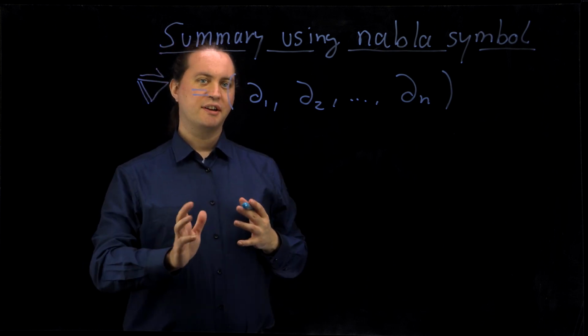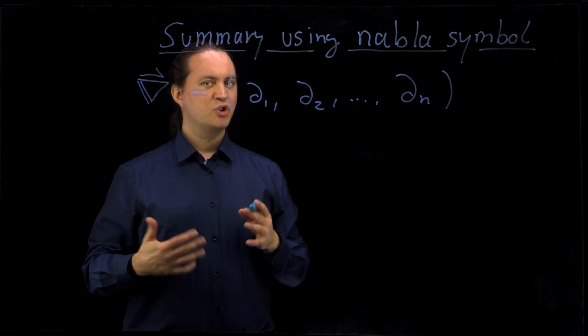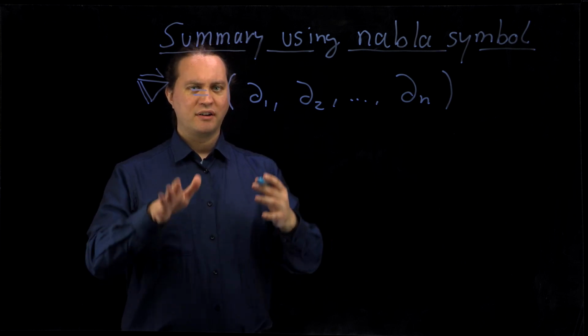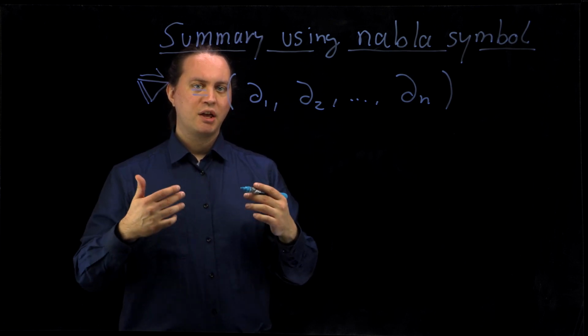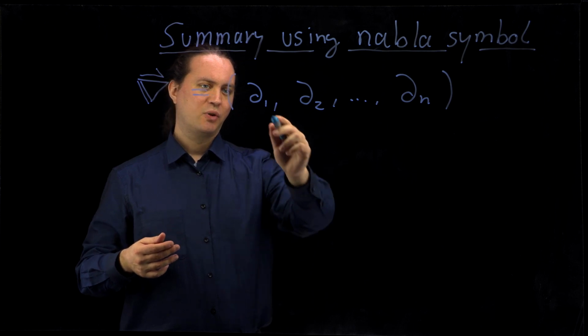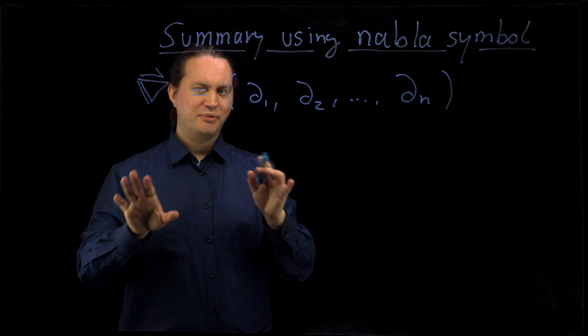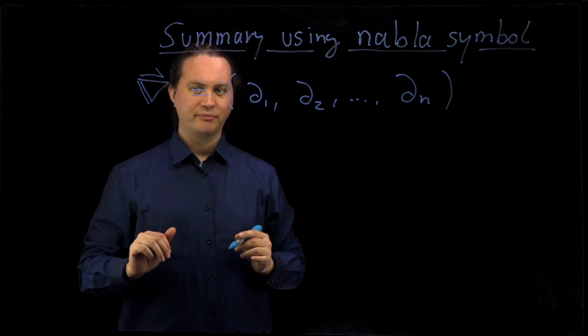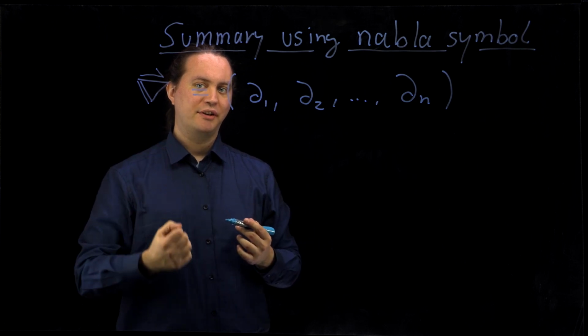A word of caution here. Usually we do not put partial derivatives into a vector. Usually we only put numbers in there. We don't even have a specific notion mathematically. We'd have to justify first what this vector actually means when we put in partial derivatives. But for the time being, let's just ignore these issues. Let's just see what formally we can do with this type of nabla vector.